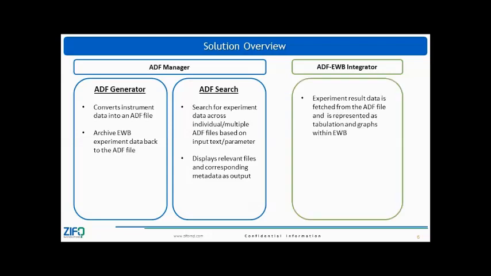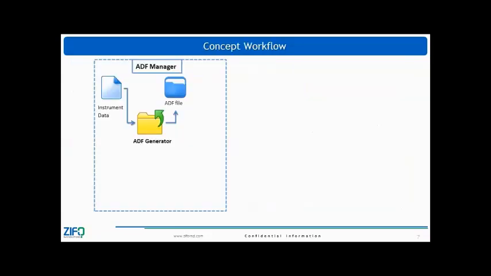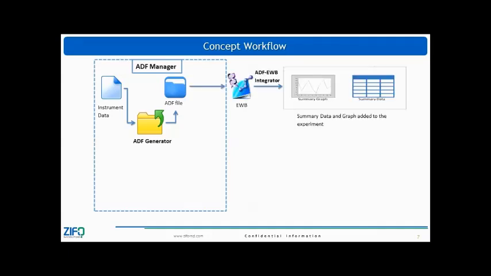Another part, which I am not going to demo right now, is the EWB integrator. This was done last year. Just touching upon that part, the concept is that the instrument data goes into a generator, and then the ADF comes in.